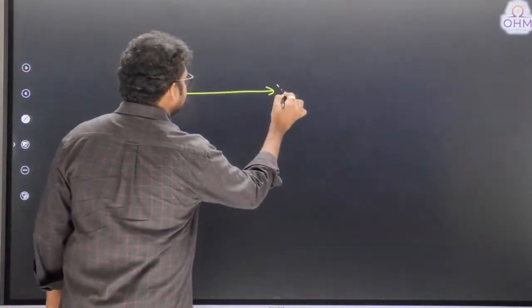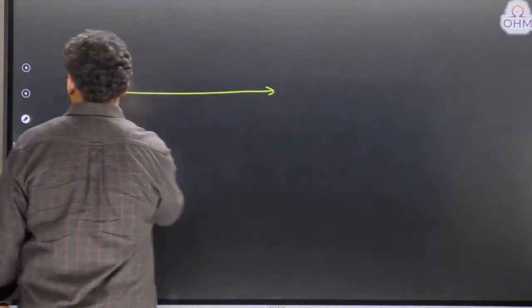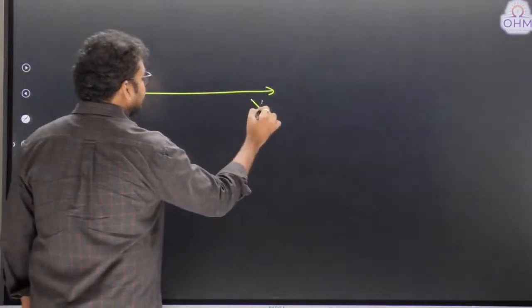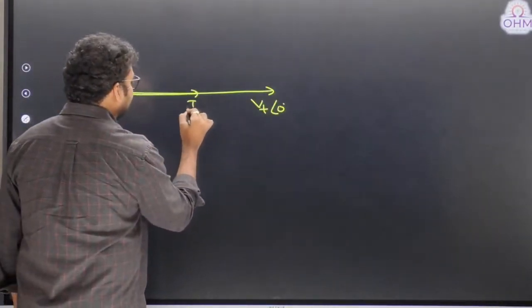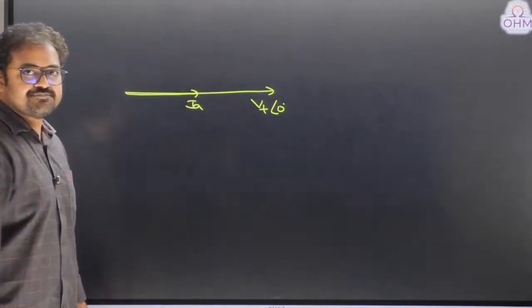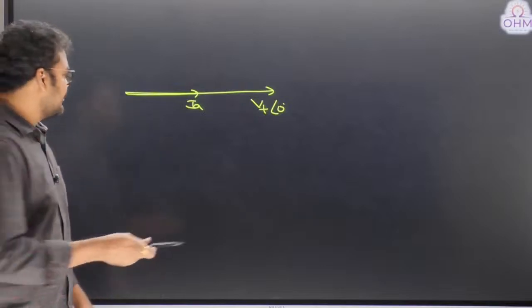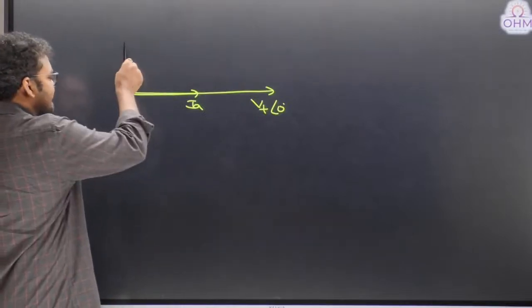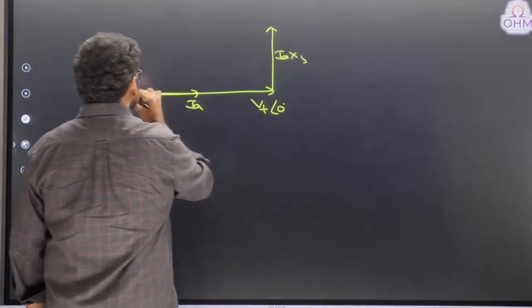This is VT at an angle 0. Now unity power factor, therefore IA is in phase with VT. RA drop is already neglected, so we have excess drop only. Therefore IA XS will lead IA by 90 degrees and this is induced EMF.